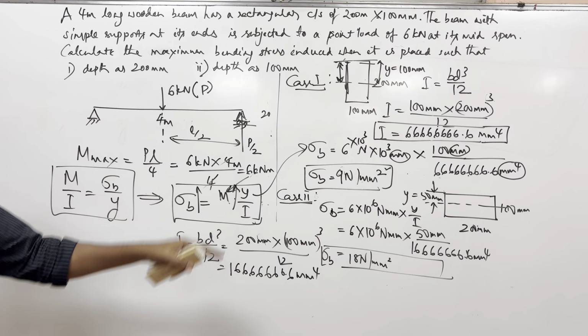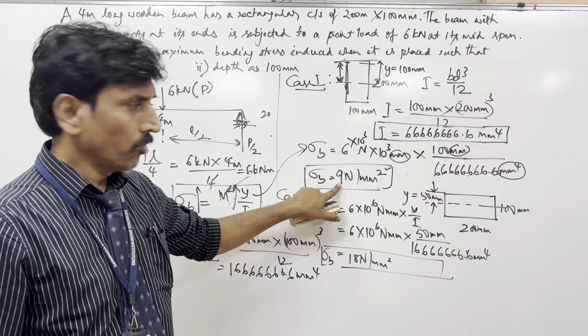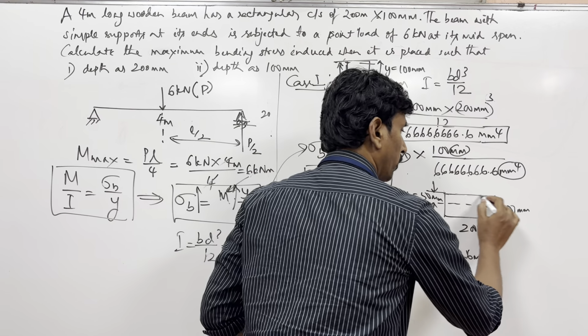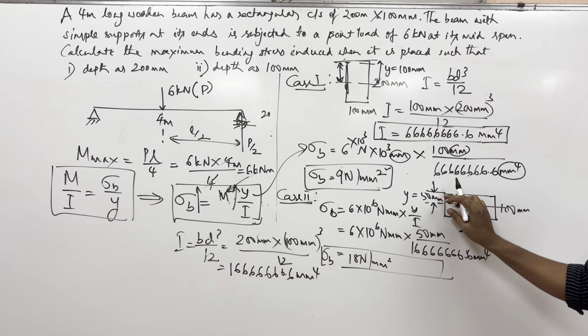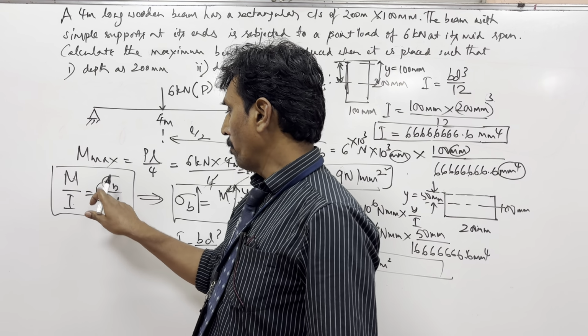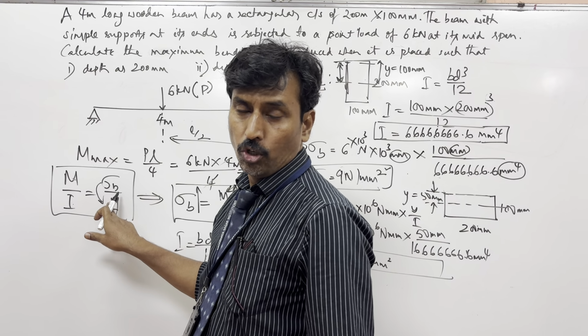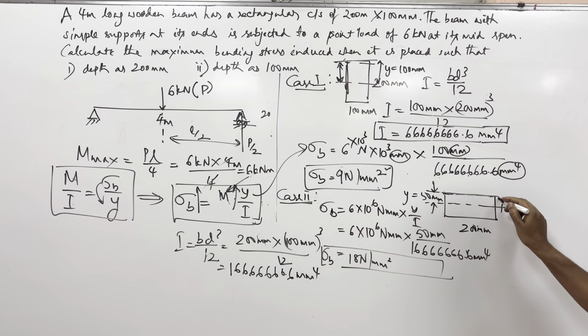Now you can understand that if you place the beam like this, the stress in the extreme fiber is 9, and if you place the beam like this, the stress in this extreme fiber, at the top and bottom, is 18, because you have substituted y as 50. So that means the stress for a fiber at a distance y from the neutral axis: if you substitute y as 50, you get the stress there.